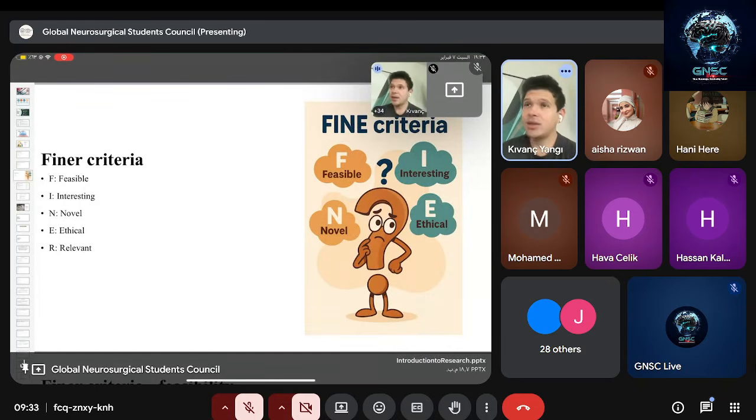You cannot do that in pregnant patients. If you want to compare methotrexate with other groups, you cannot administer methotrexate in the pregnant population. You know that. So this is not ethical. It should be ethical, all right? Also relevant. Next slide, please.